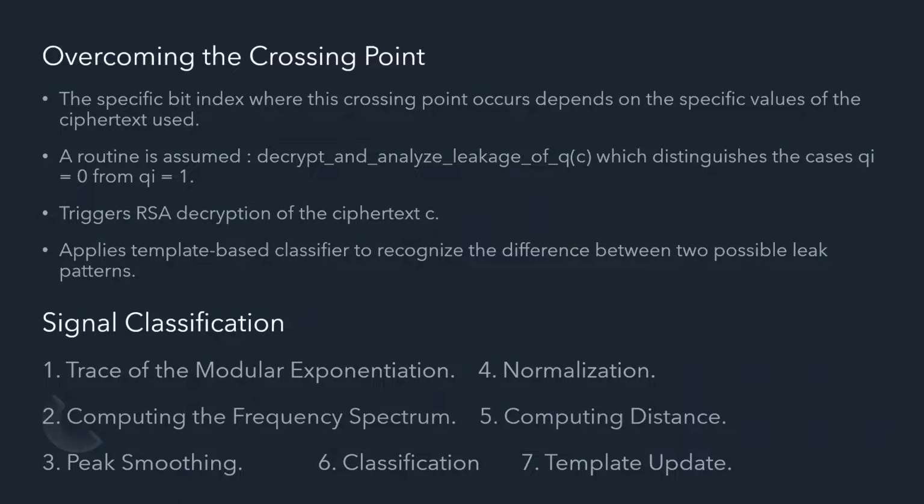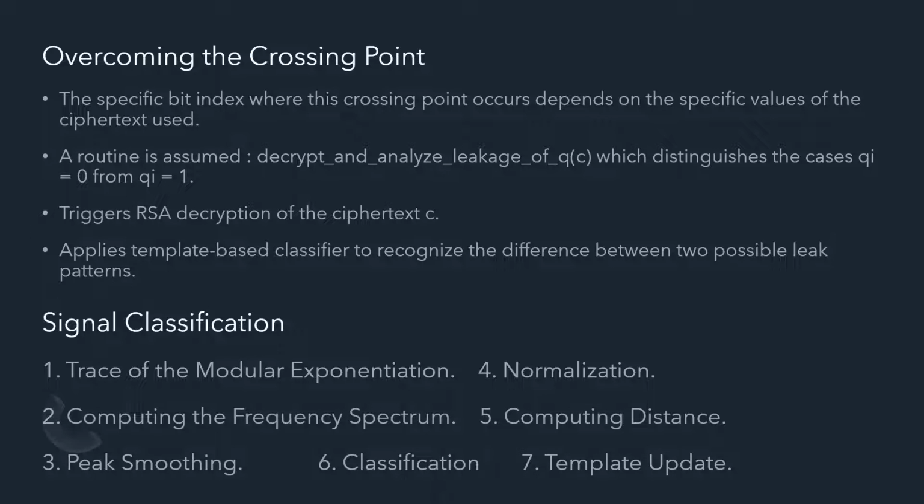Now, overcoming the crossing point: the specific bit index where this crossing point occurs depends on the specific values of the ciphertext used. For extracting all the bits, a routine is assumed which distinguishes the case qi equal to 0 from qi equal to 1.